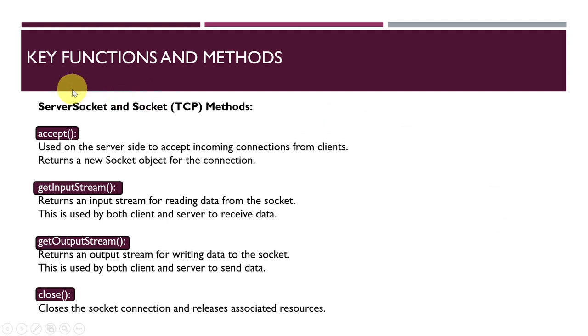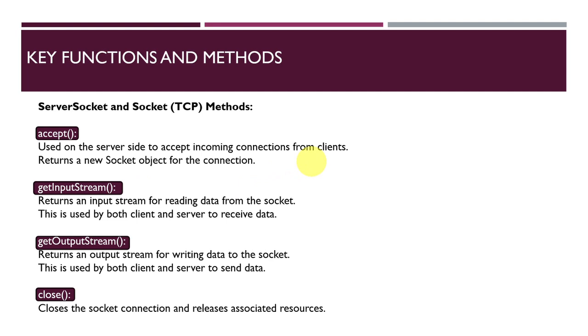Next, key functions and methods. ServerSocket and Socket TCP methods. Accept is used on the server side to accept an incoming connection from the client. It returns a new socket object for the connection. getInputStream returns an input stream for reading data from the socket.